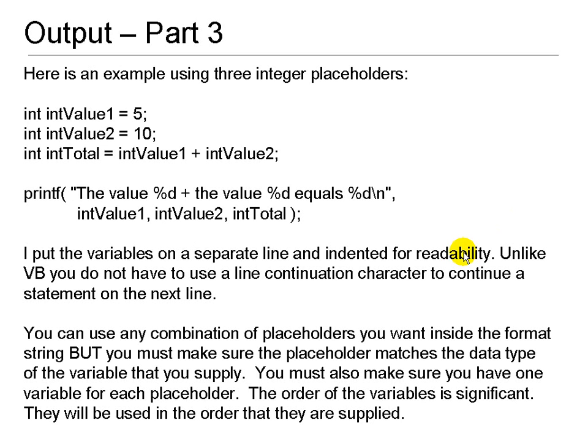So here's an example using 3 integer placeholders. First, we need 3 different variables. So I make value1, value2, assign values of 5 and 10 to those, and those are hard-coded. And then I use an expression to assign the sum of those to int total. Then in the printf statement, I have my formatted string, and inside that formatted string I put placeholders.